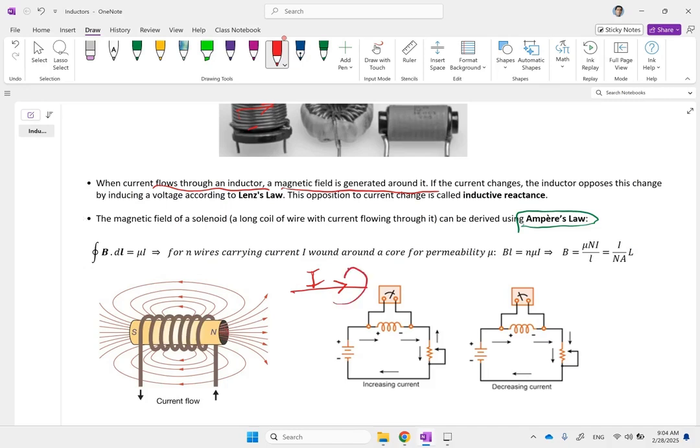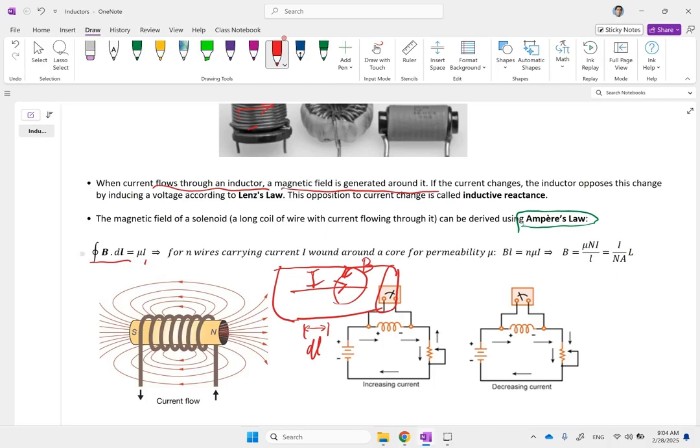So it is going to be like this, that B. If you consider a cylinder around this, where this magnetic flux goes in and out, the integral of B dot dl, where dl is a short length element along this wire, is equal to mu times I.